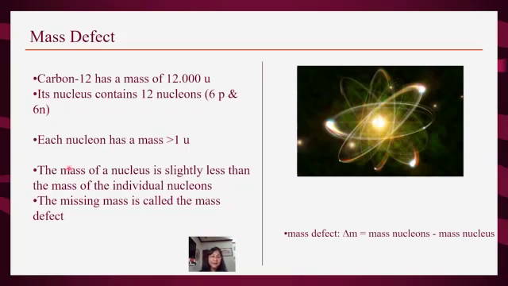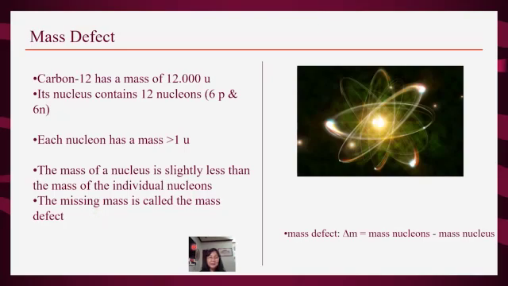Each nucleon has a mass of 1.0073 for the proton and 1.0085 for the neutron. If we consider the mass of all the particles inside the nucleus and compare that with the 12 atomic mass unit mass of the entire nucleus, there is a slight difference in the mass of the entire nucleus as compared to the mass of the nucleons.